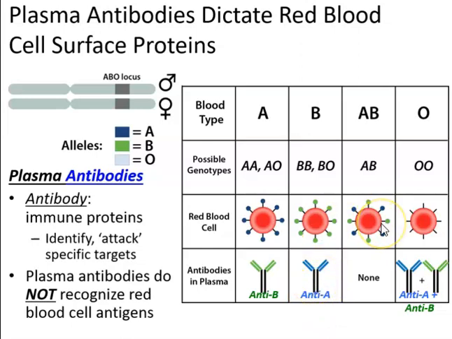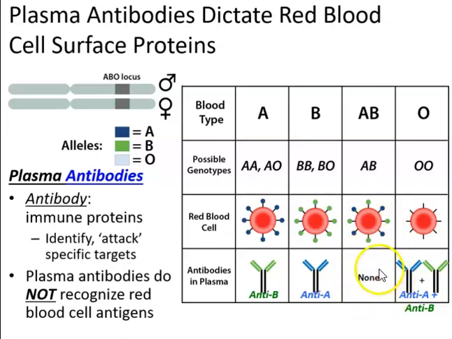Now note for patients with blood type AB, meaning they have both A and B antigens on the surface of the red blood cells, there are no antibodies in the plasma. So there are no antibodies that could attack the red blood cells.